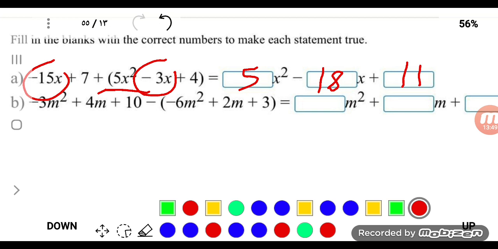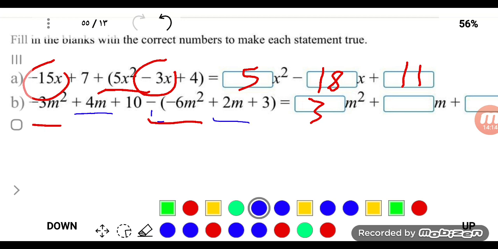Next one, here you have minus 3m squared and plus 6m squared, so you get 3. So here 3m squared. Then you have 4m and minus, distribute minus 2m.